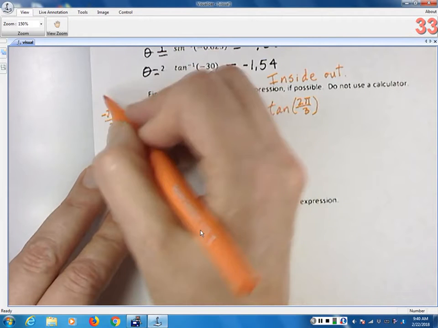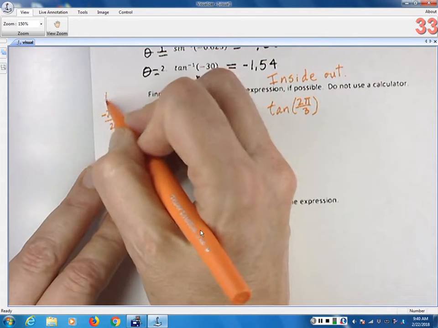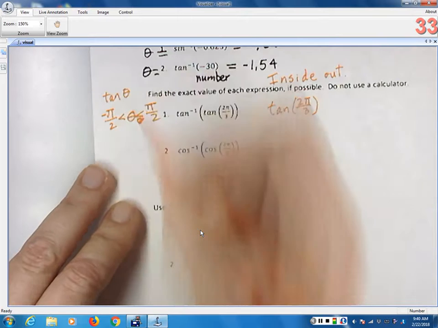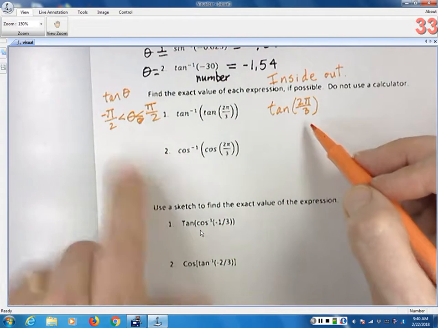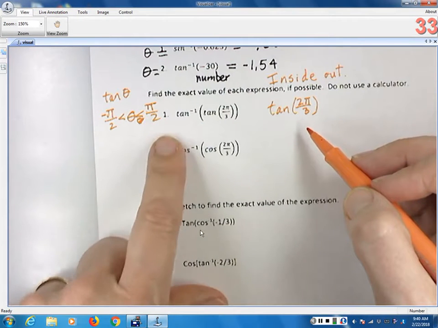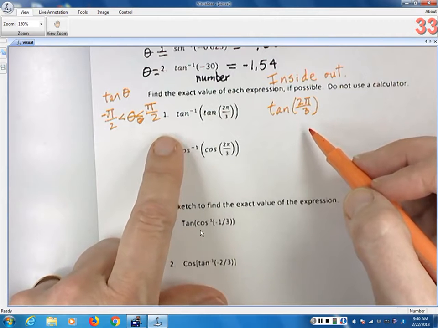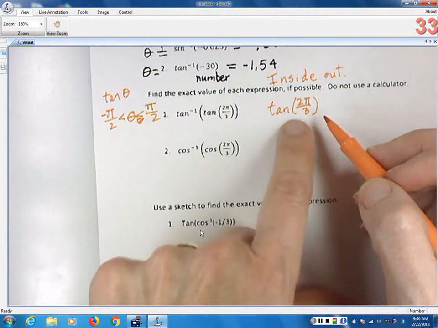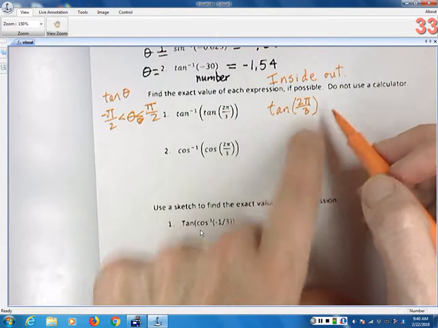Those are your restrictions for tangent theta. Okay, is 2pi/3 between these? No, it's not. So we have to go ahead and evaluate tangent of 2pi/3.